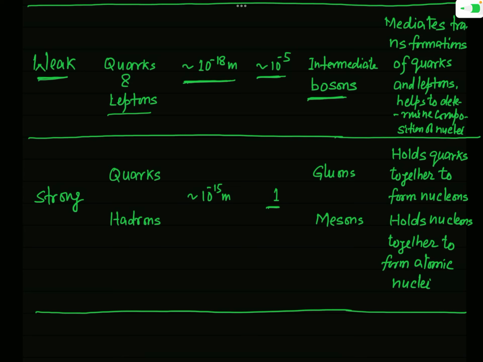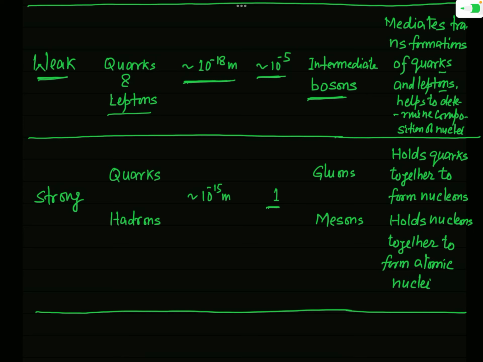Okay. Now, what is the role of this weak interaction in this universe? We say that this weak interaction mediates transformations of quarks and leptons and helps to determine the composition of nuclei. Okay. So this is the important role of this weak interaction.